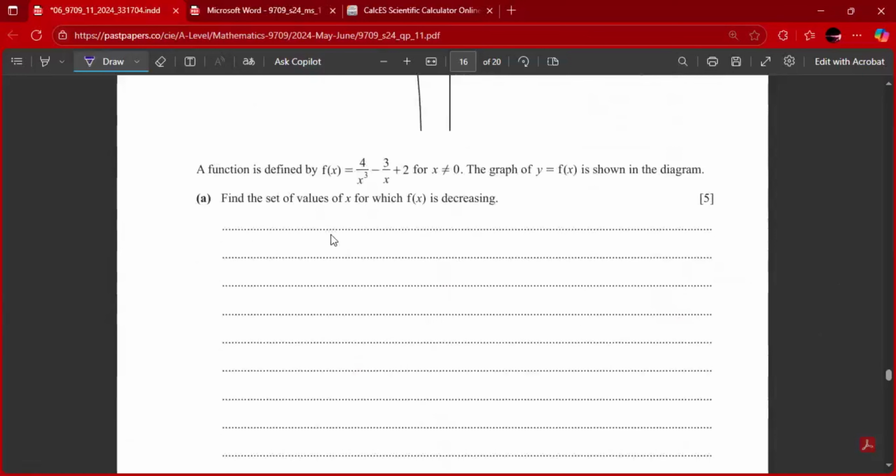So f of x, let me just bring the x variables above: 4 into x minus 3 into x minus 1 plus 2, and x is not equal to 0.